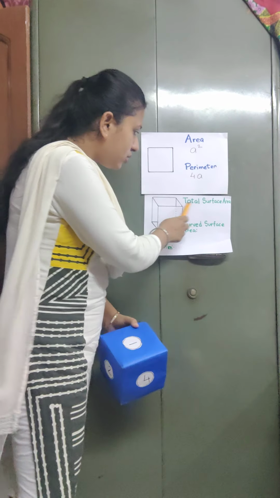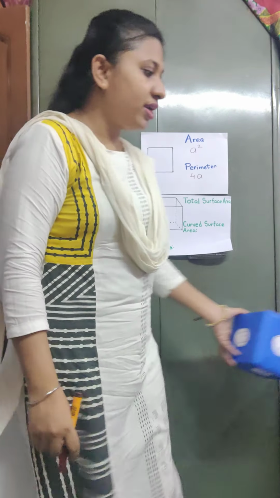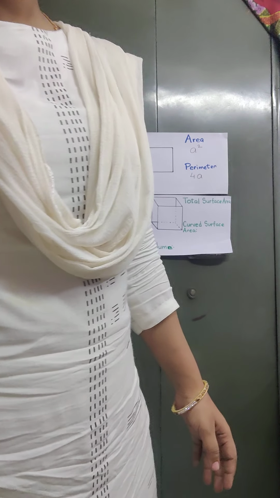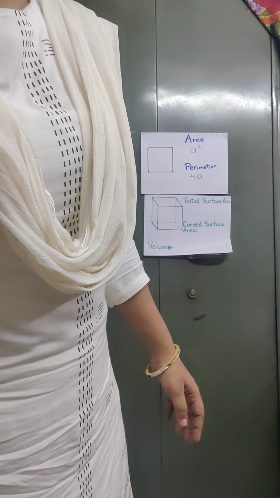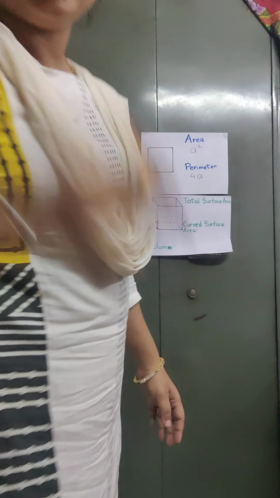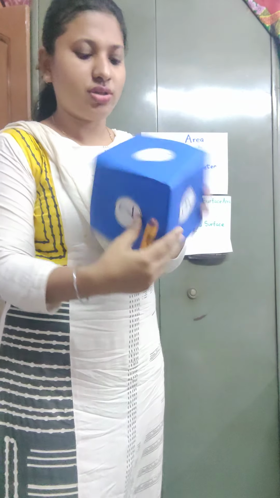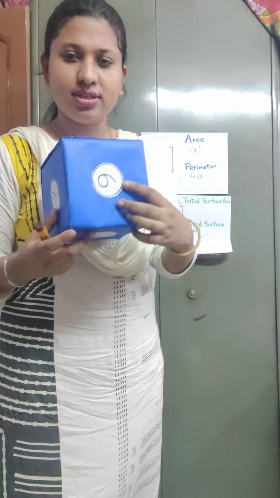But the total surface area: what is the total surface area of a cube? How many sides are there? 1, 2, 3, 4, 5, 6.